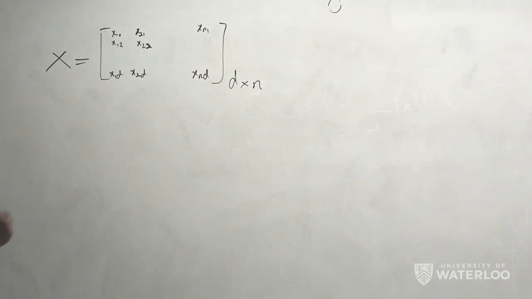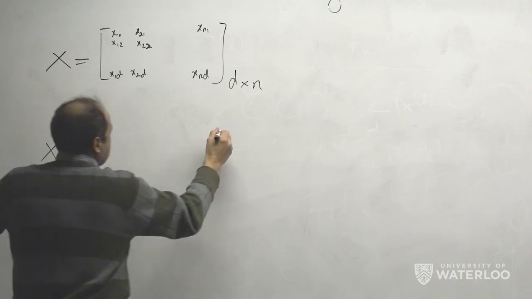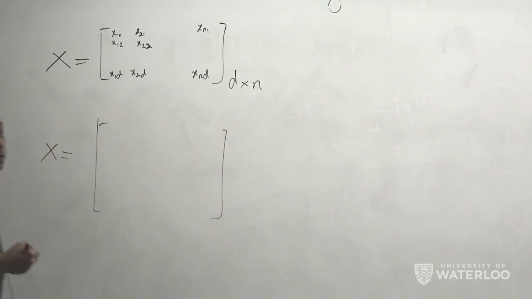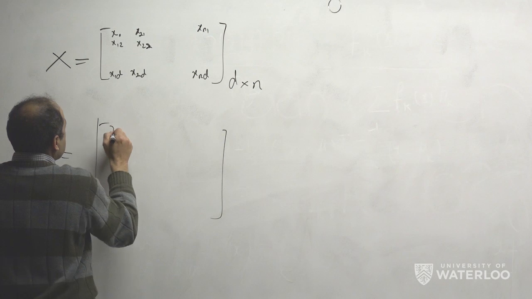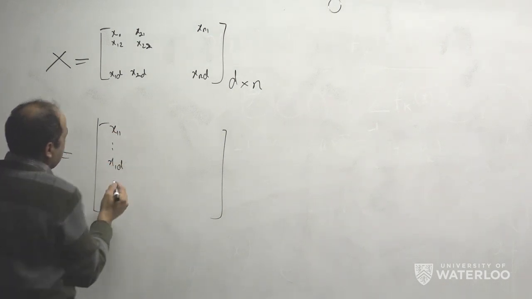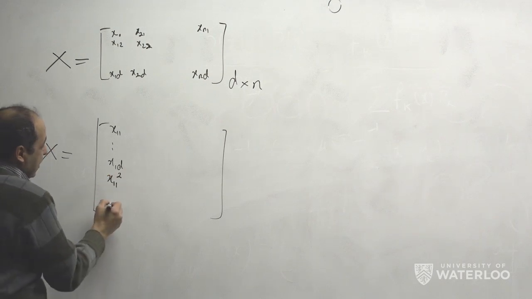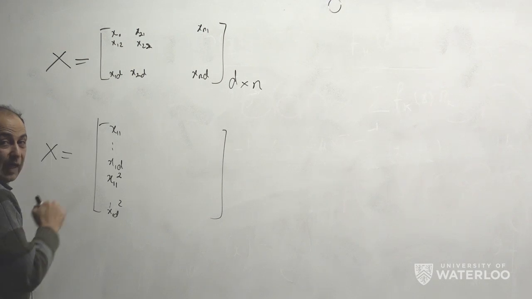So to augment the data, I can make X such that it is 2d by n, 10d by n, whatever you like. Okay? And keep this part, it's x11 up to x1d, then I'm going to add x11 squared up to x1d squared as the rows of this matrix.